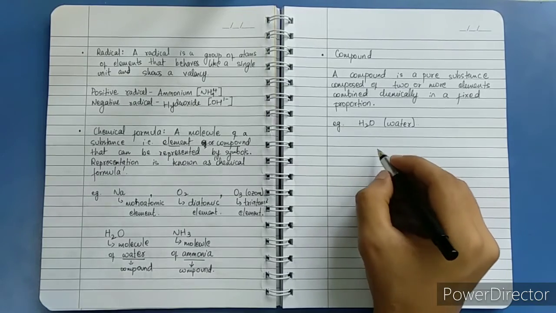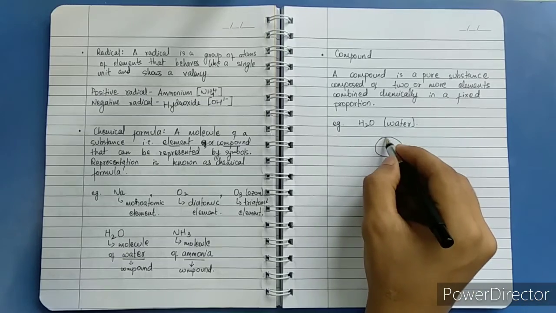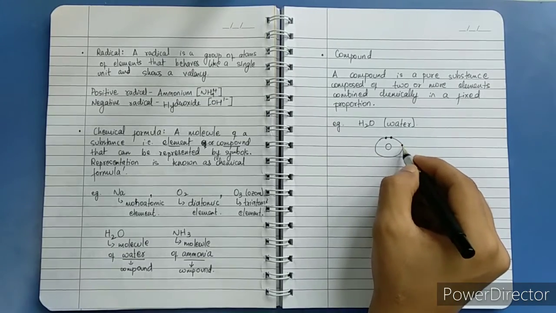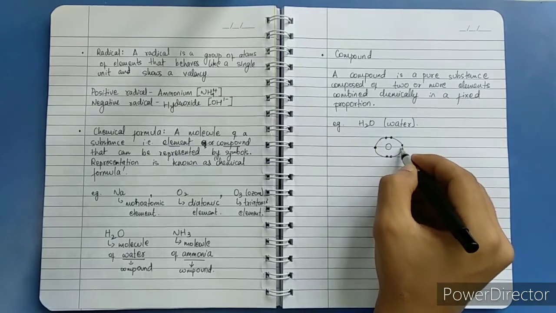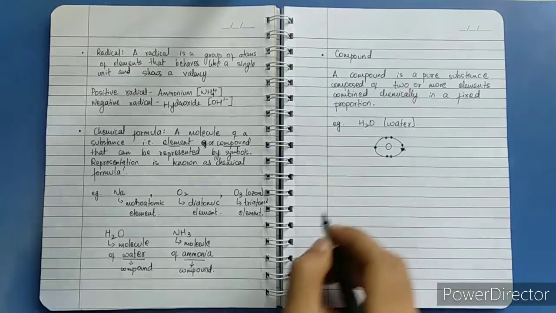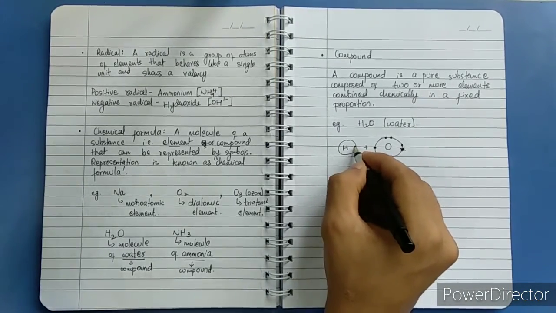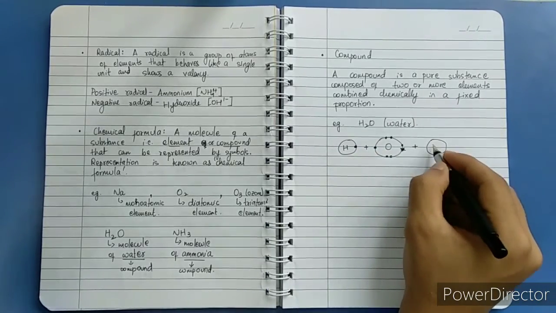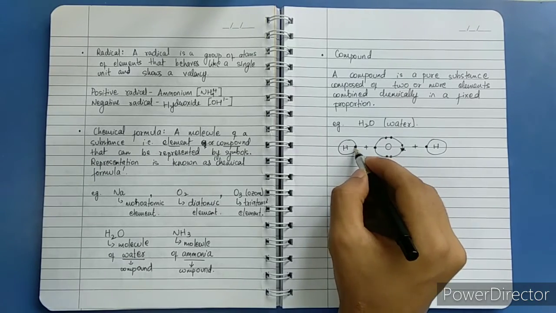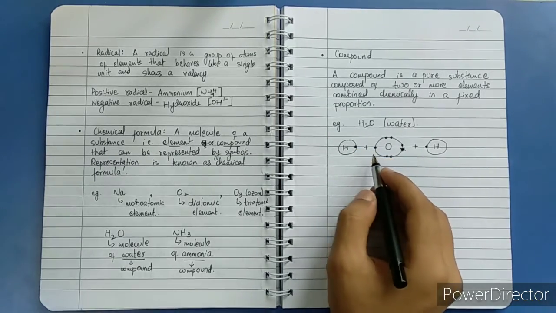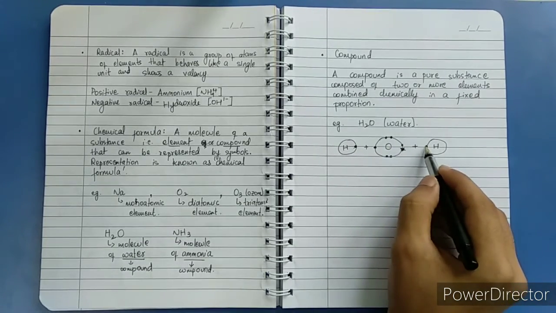So in water, what happens is there is one oxygen atom that has 6 electrons in its outermost shell. It reacts with 2 hydrogen atoms in order to gain a stable electronic configuration. Hydrogen needs one more to become stable, so it reacts with 1, and oxygen needs 2 more, so 1 is attained from this hydrogen and 1 from this hydrogen.